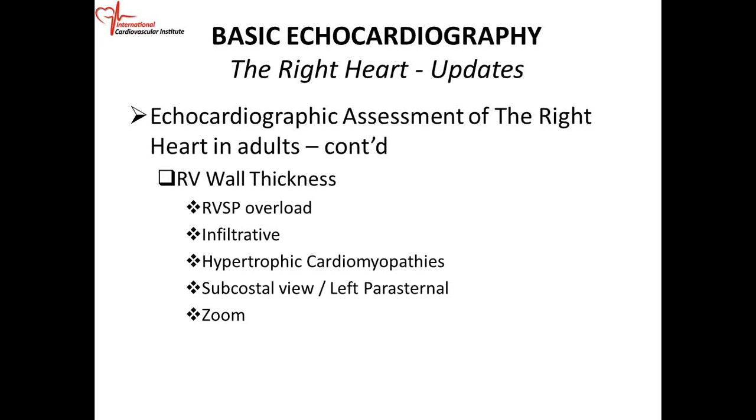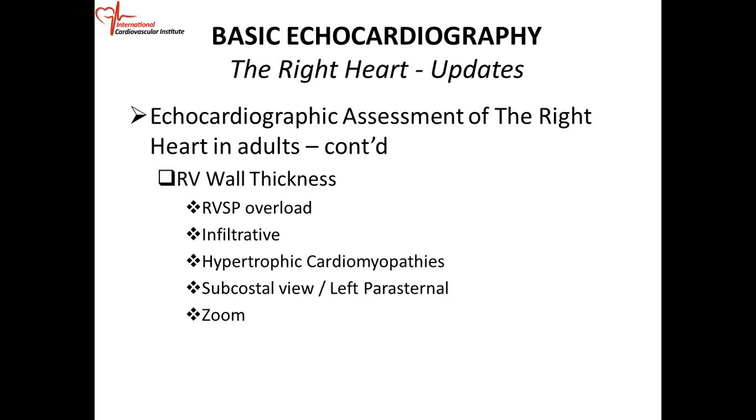Also, hypertrophic cardiomyopathy. Hypertrophic means it thickened. Cardiomyopathy means it's an abnormality of the heart muscle. So if you have hypertrophic cardiomyopathy, thickening of the heart muscle, you can see that in the RV.